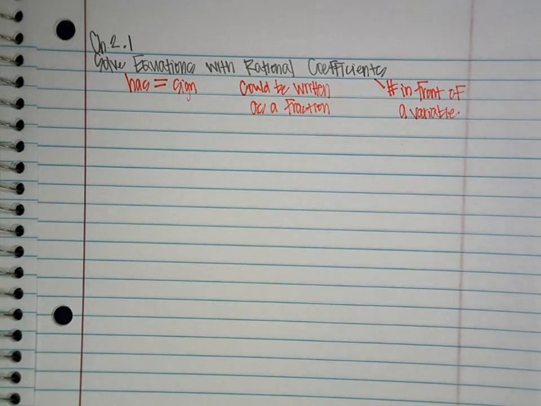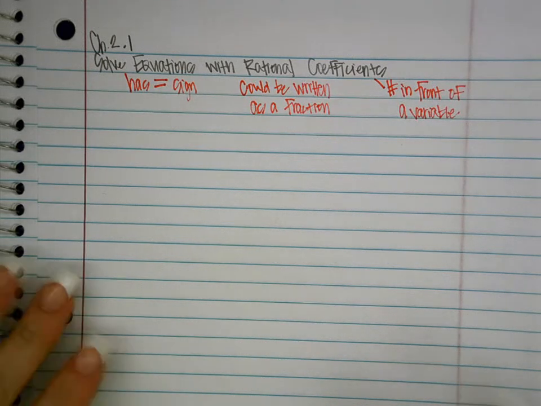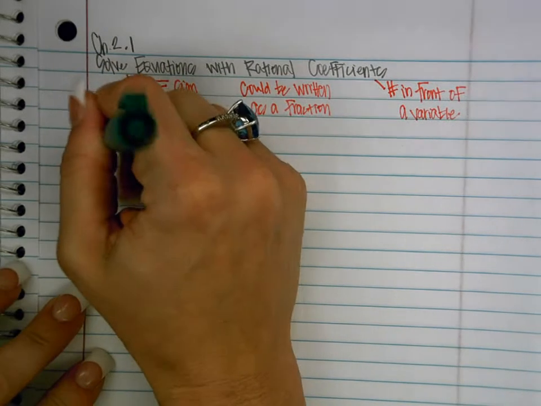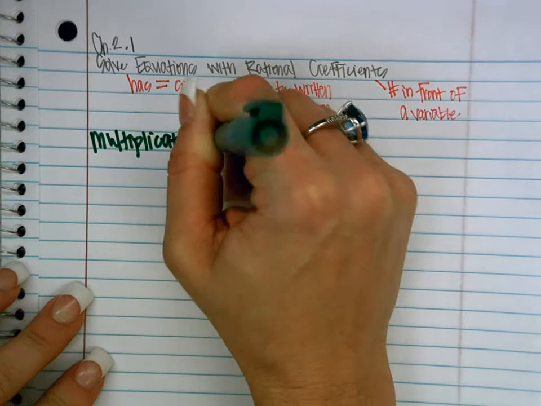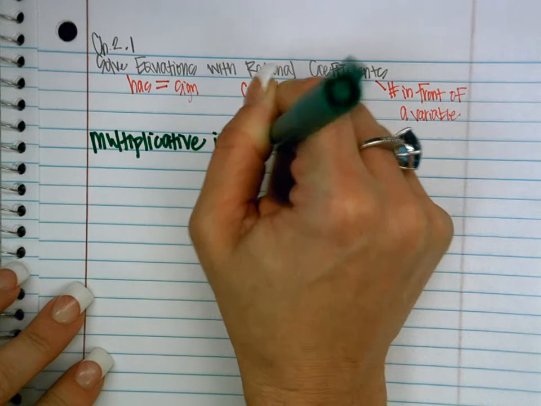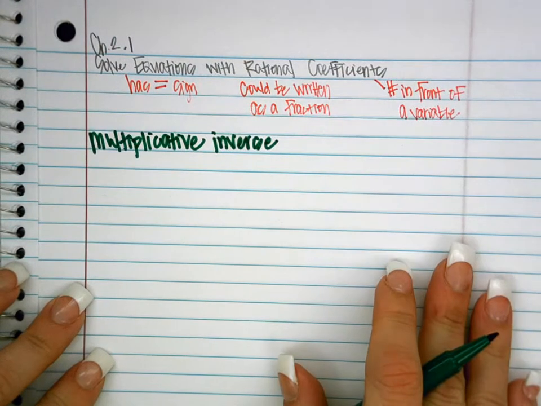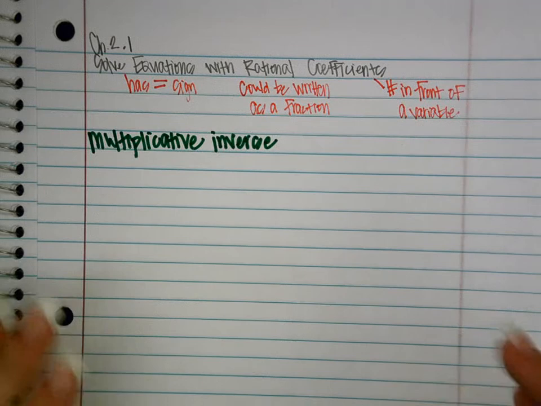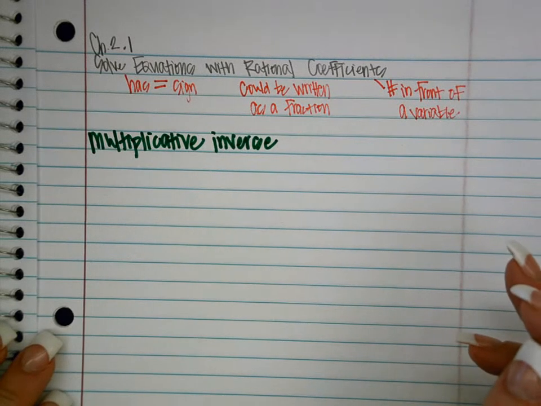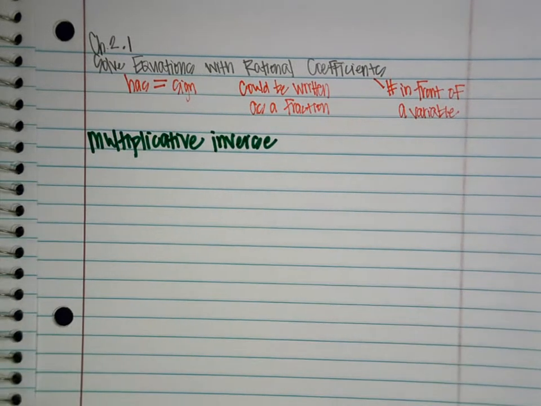Okay, so another term that I need to make sure that you know, and I think you might already know this, but just in case, is something called multiplicative inverse. In your books, I would like you to open up to page 111.